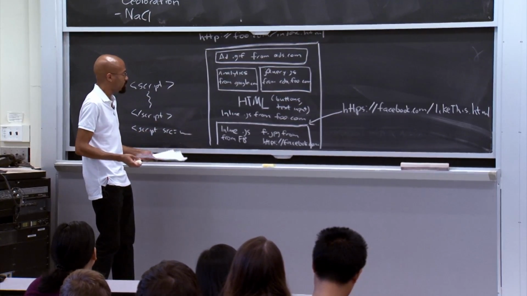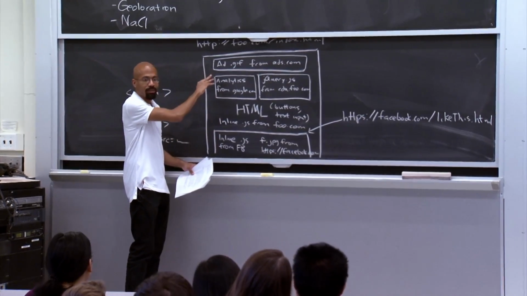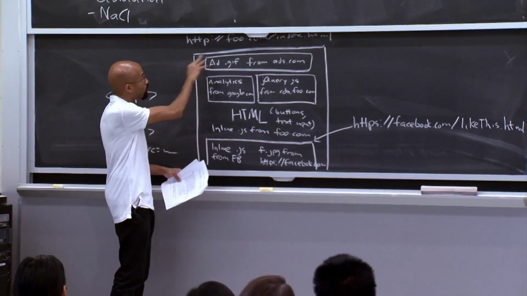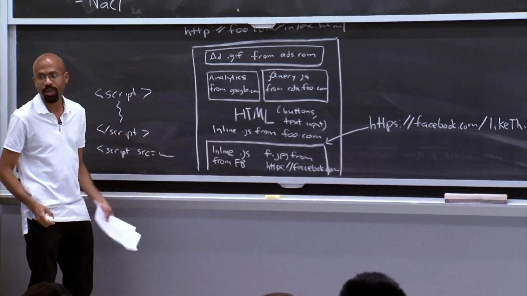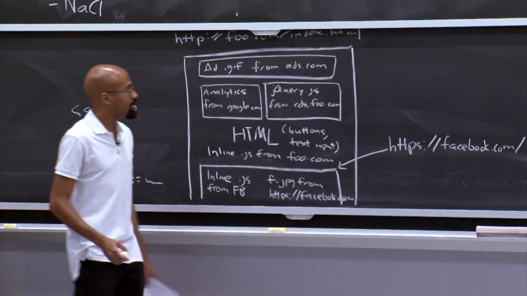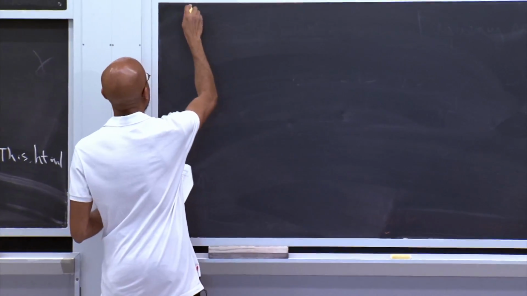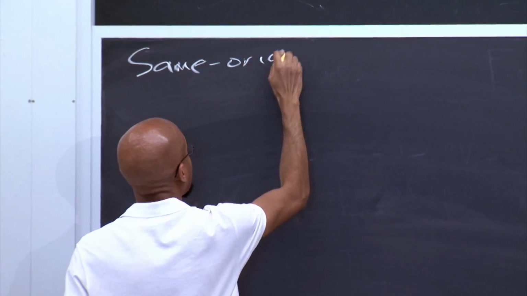Right? Another question too is, what's the relationship between this Facebook frame here and the larger frame? Right? The Facebook frame is an HTTPS, right? Secure. Foo.com is an HTTP, right? Non-secure. So how should these two things be able to interact? So basically, to answer these questions, browsers use a security model called the same origin policy.